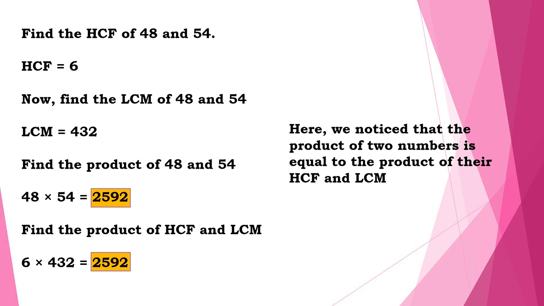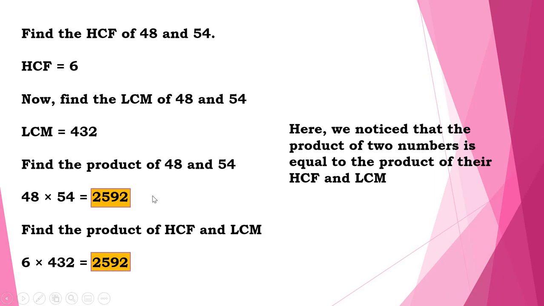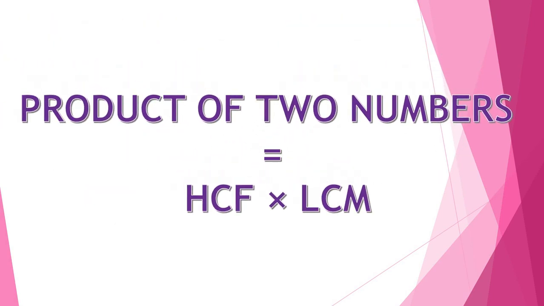So what do we learn from here? That LCM of any two numbers is the multiple of the HCF of the same numbers. Or we can say it in another way, that HCF is the factor of the LCM. Okay, so this is the equation which we got. Product of two numbers is equal to HCF into LCM. That is product of HCF and LCM.